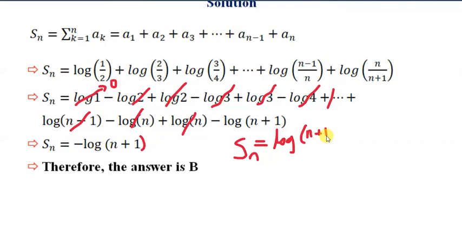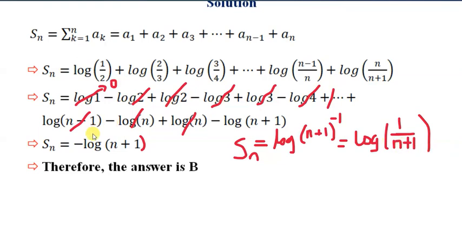This is obtained by the rule of logarithm, where the minus 1 multiplied by the logarithm is put as a power. Moreover, a number to the power of minus 1 can further be written as logarithm of 1 over n plus 1.